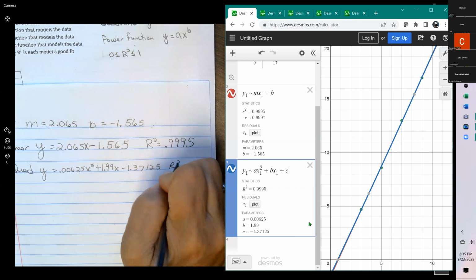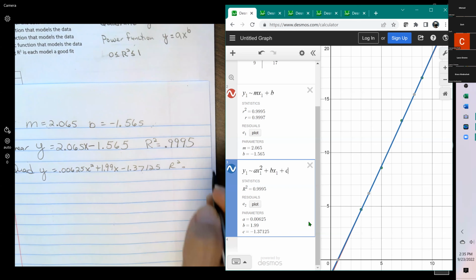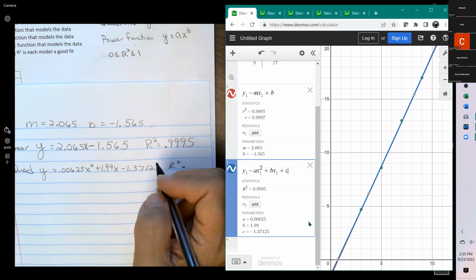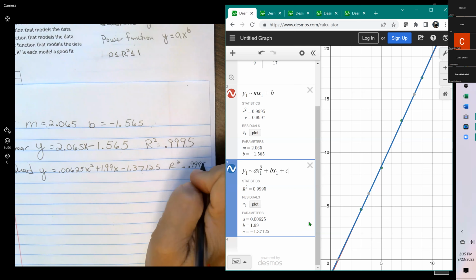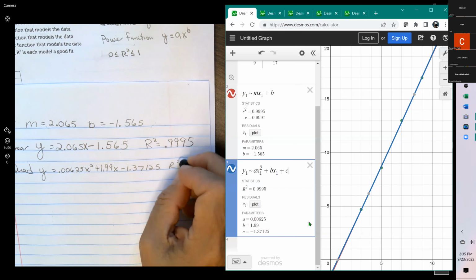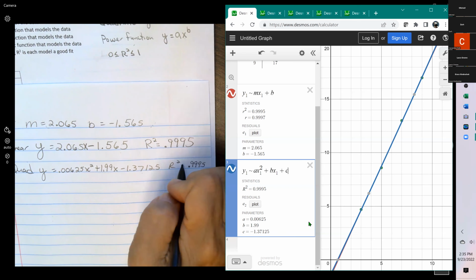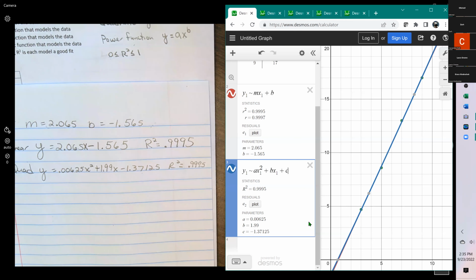And r squared is the same. Any questions so far?